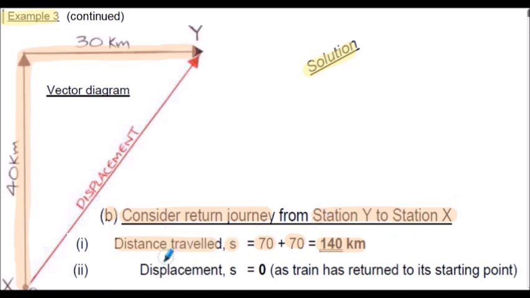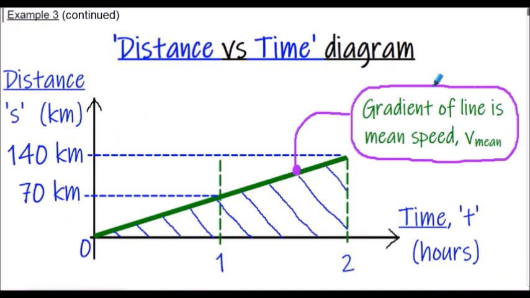However, for the displacement, symbol S, the value is 0 as the train has returned to its starting point. So by definition, it has no displacement from its origin. So again, notice a difference there between distance travelled and displacement. They are actually different quantities.